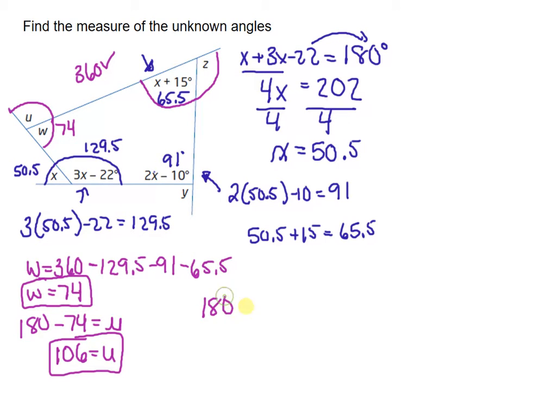Okay, so 180 minus 65.5 is going to equal our Z. So 180 minus 65.5, I get 114.5.